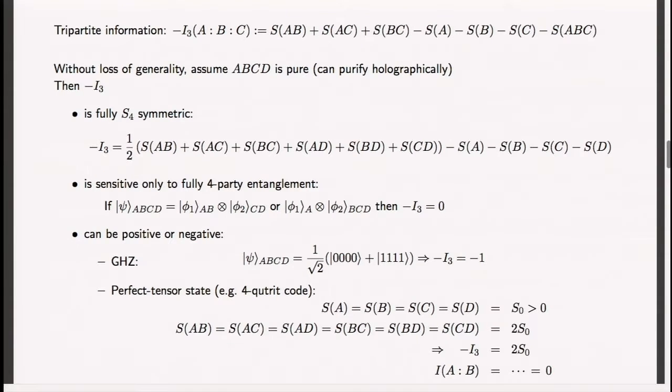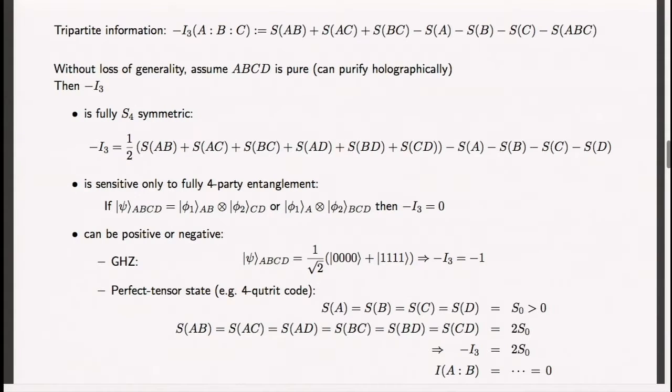What that means is that if your pure state is just a tensor product of a pure state on AB with a pure state on CD, or a pure state on A with a pure state on BCD, then it's easy to see that minus I3 vanishes. So it only picks up the fully four-party entangled part of your state, basically.